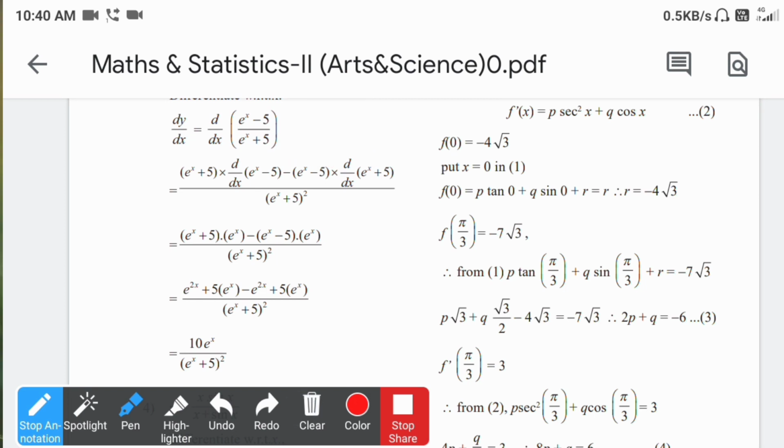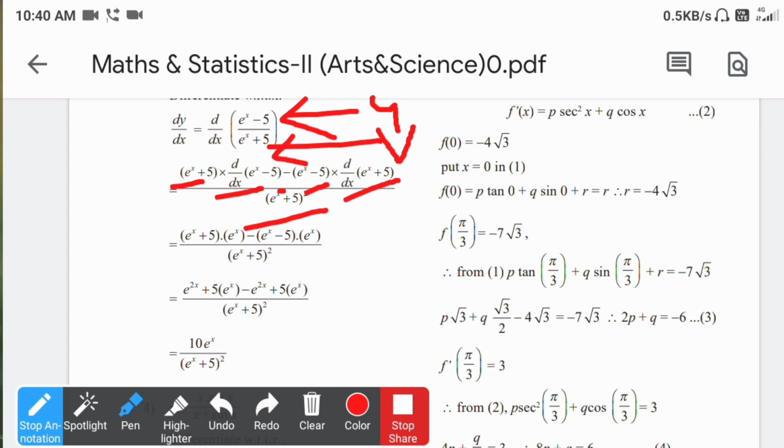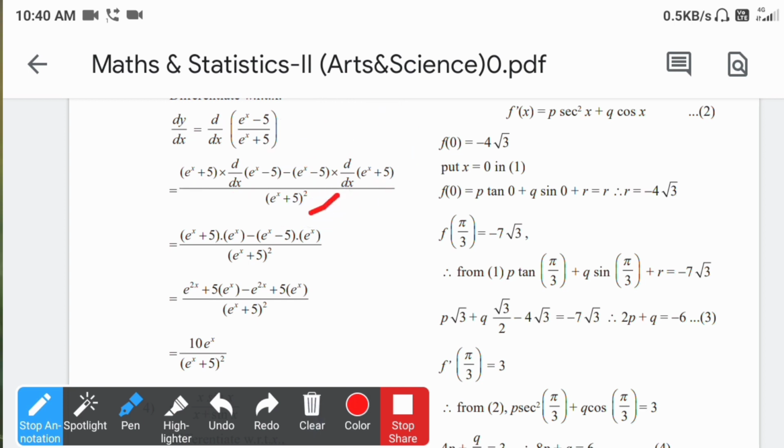This is the same method for all such functions. So we first make v into derivative of u minus u into derivative of v, divided by v square.